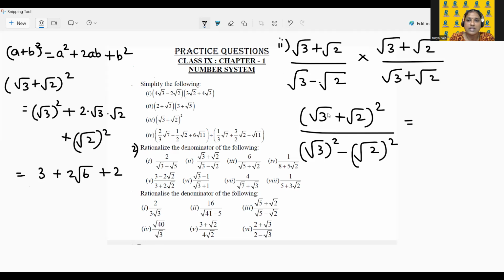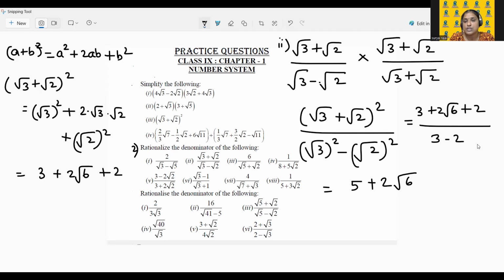The denominator is a square minus b square, which is 3 minus 2. I can write 5, as 3 plus 2 is 5, remaining 2 root 6. This 3 minus 2 is 1. We can simply end here. See how easy it is, right?